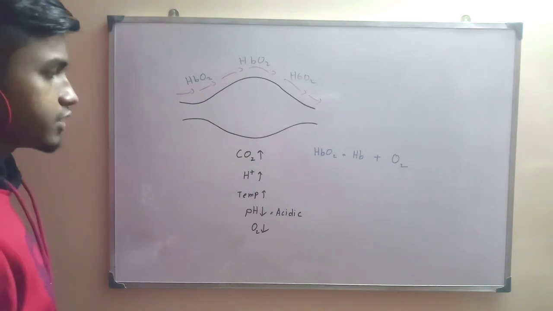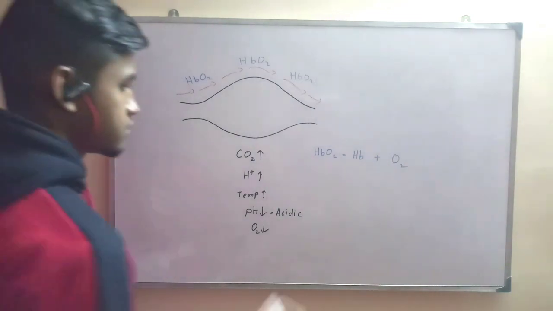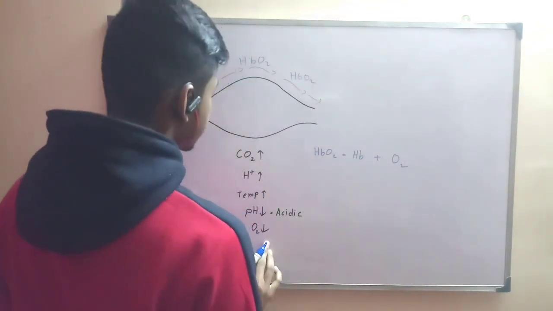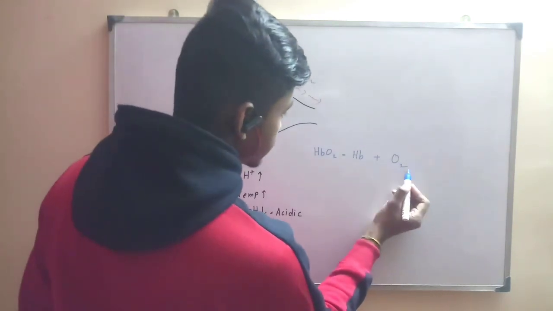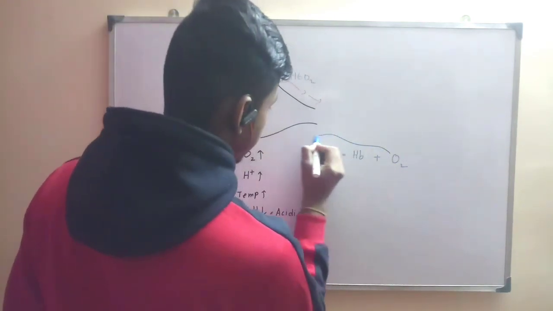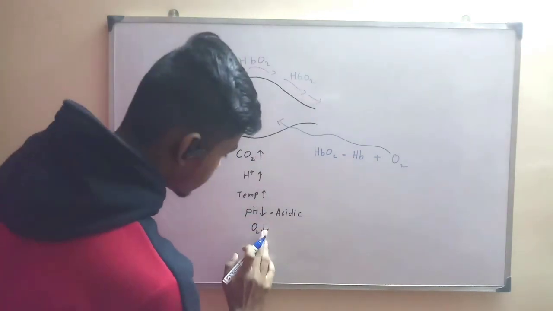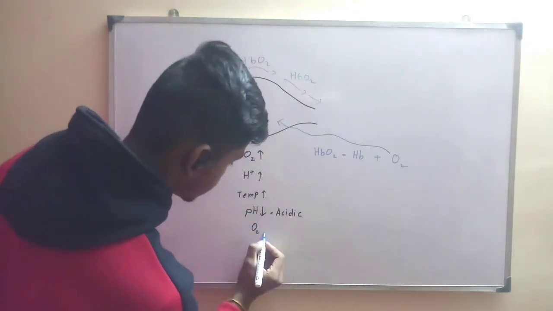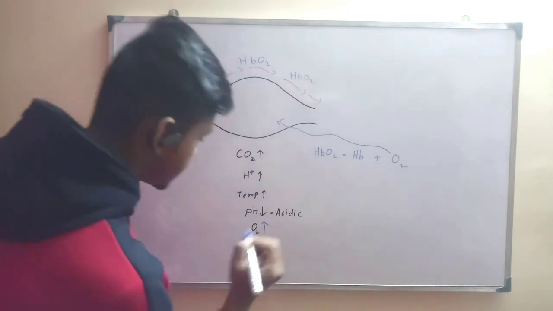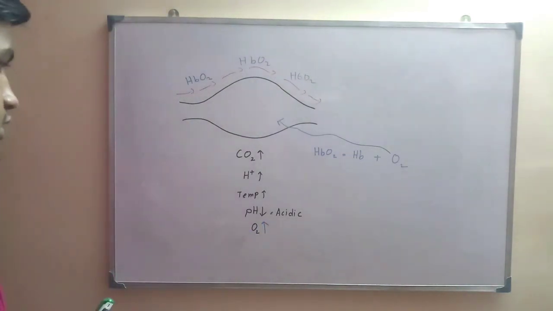Now two types of case will occur here. Due to the low level of oxygen, the liberated oxygen will enter into the muscle and recover the level of oxygen, increasing it from the decrease.